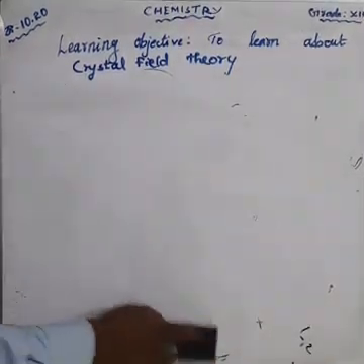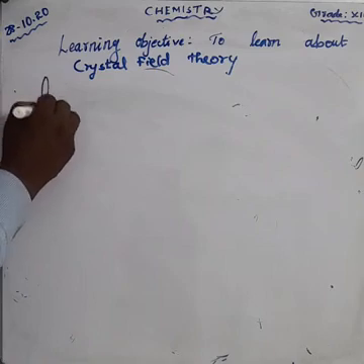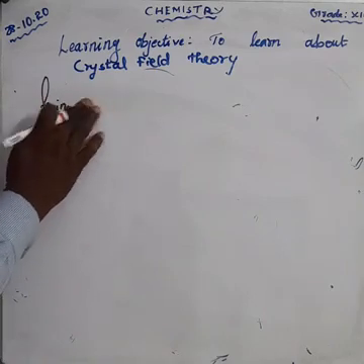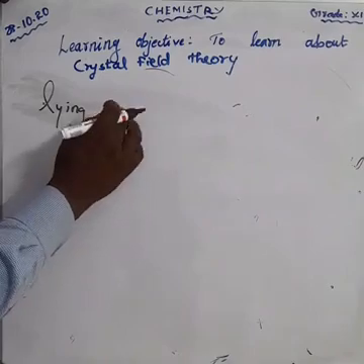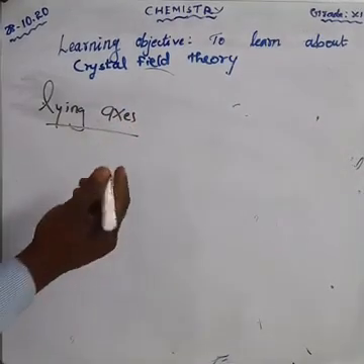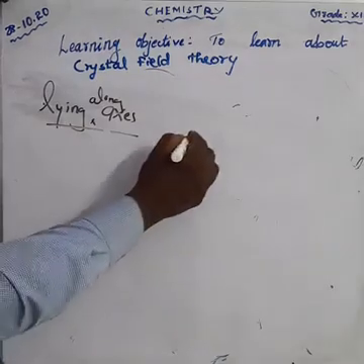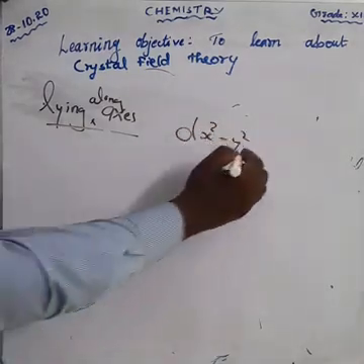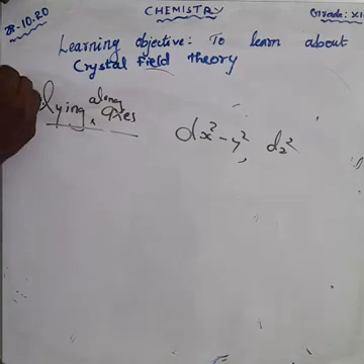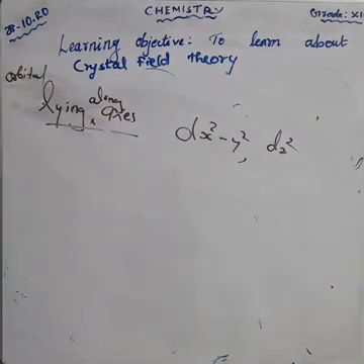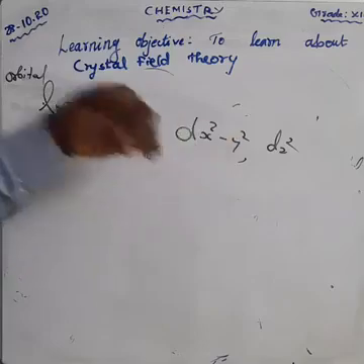The orbitals lying along the axes are dx square minus y square and dz square.